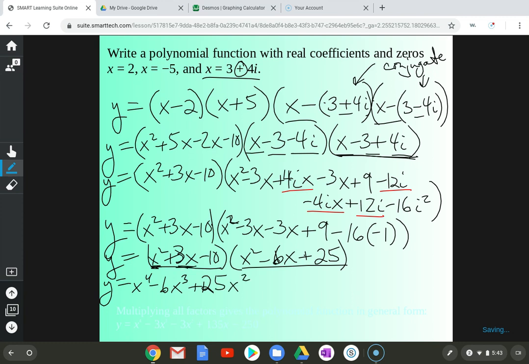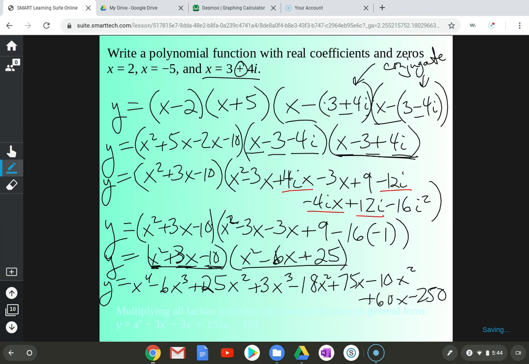Now my 3x, I have plus 3x cubed minus 18x squared plus 75x. And then my negative 10, minus 10x squared plus 60x, and then minus 250.